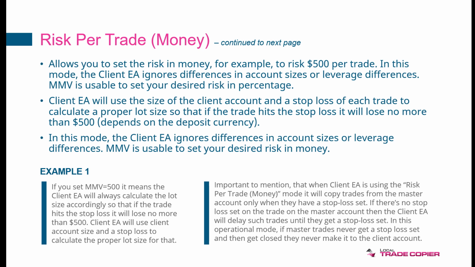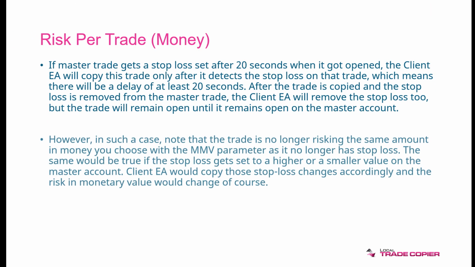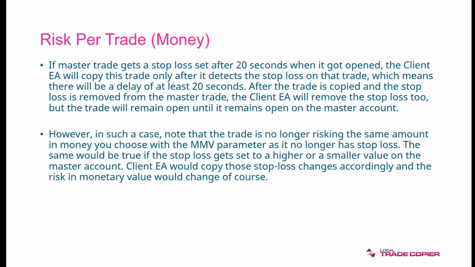So in this mode, if a master trade never gets a stop loss set and then gets closed, it never makes it to the client account. It's the same as with risk percentage. We need a stop loss in order to do the right calculations of what lot size the client EA has to use.